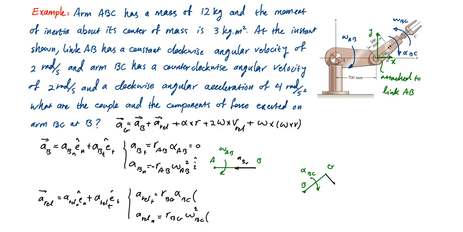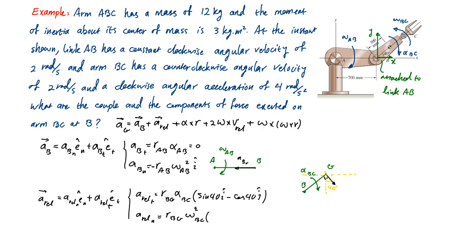Here is our vector. It's perpendicular to R. Drawing the horizontal line there, we know this angle is 40, this is 90. We can find the other angle. Right? That would be here, that is 40, or the other one is 60. This becomes, well, sine 40 i minus cosine 40 j for the tangential component.